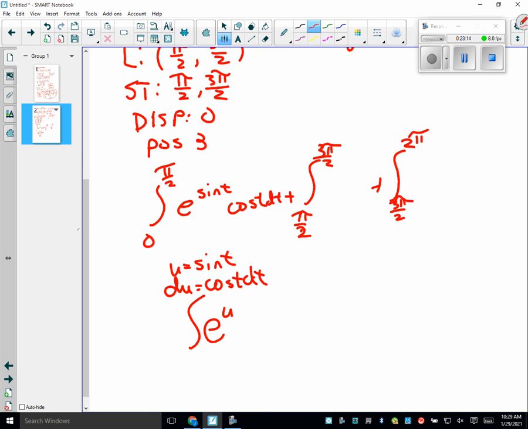And then e to the u from 0 to, what's sine of pi over 2? 1? So e to the u from 0 to 1. Yeah, I got negative 7.064 for negative 14. Is that basically 0? That's not it.